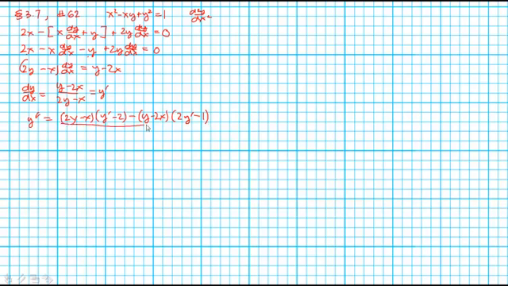Now, I'm going to use the FOIL method and expand this out and see if anything nice happens. I get 2y y prime minus 4y minus xy prime plus 2x, and now I'm going to do the same thing here, minus 2y y prime minus y minus 4xy prime, and ending off with a plus 2.